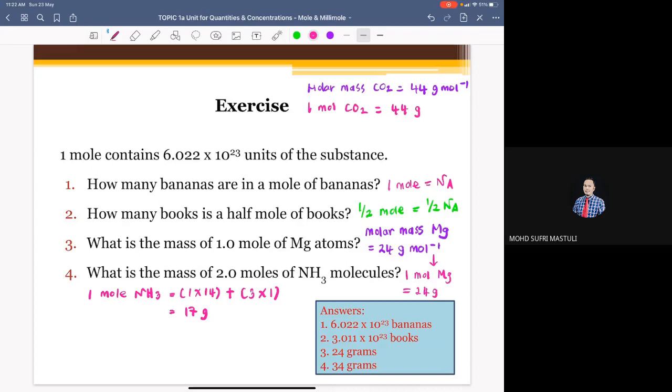So 2 moles of ammonia is equivalent to 17 times 2, which is 34 grams. So 2 moles of ammonia is 34 grams. So this is the answer.